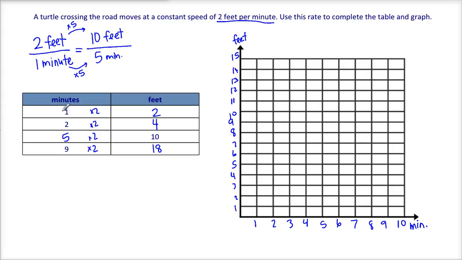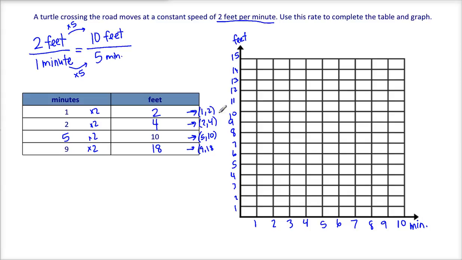So the first point that we can graph is 1, 2. The second point will be 2, 4. The next point will be 5, 10. And the last point will be 9, 18.